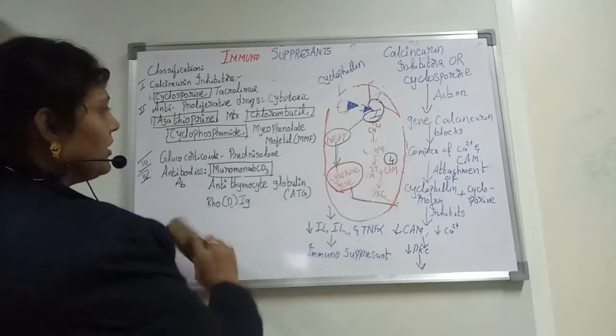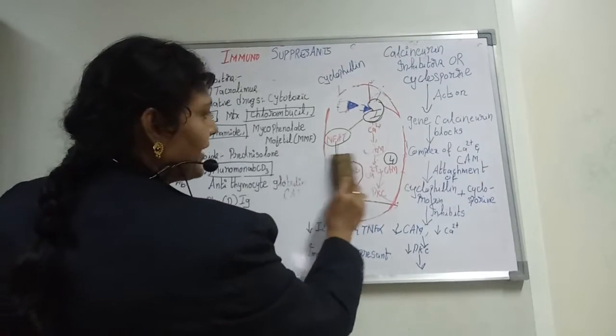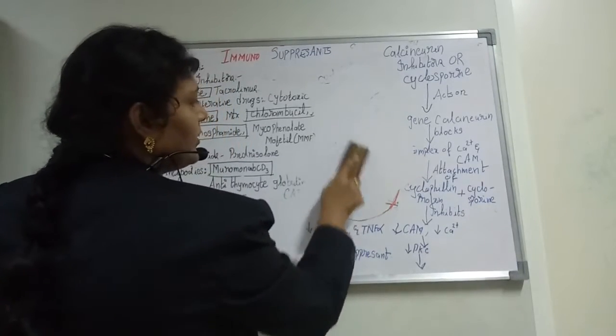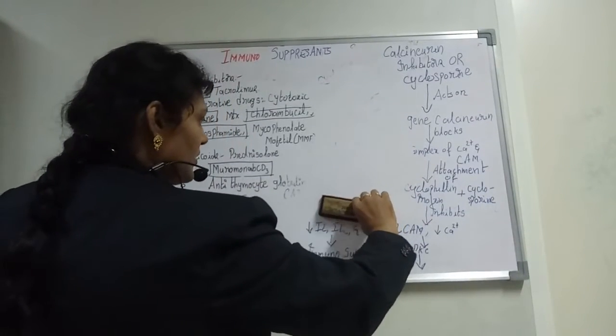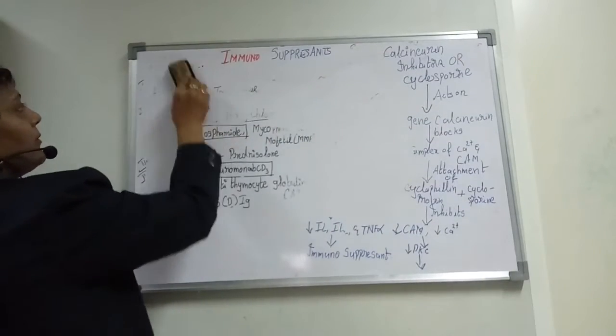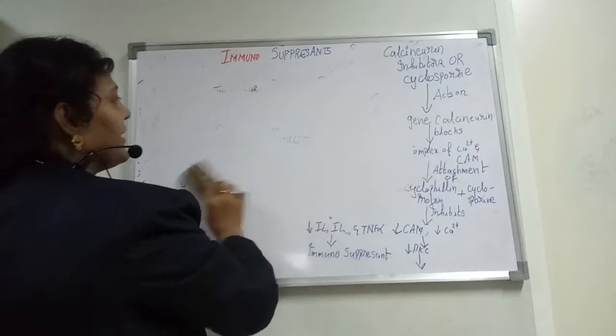And now we'll proceed to the other part, the pharmacology of cyclosporin. So we need to go for pharmacokinetics. So let me erase the whole board so that the pharmacokinetics will be better understood.